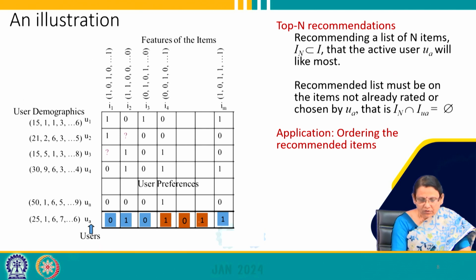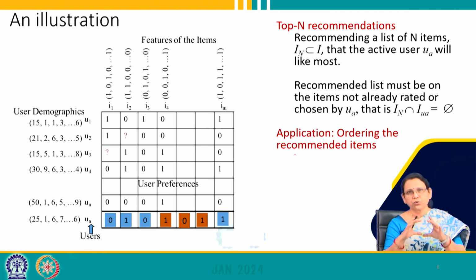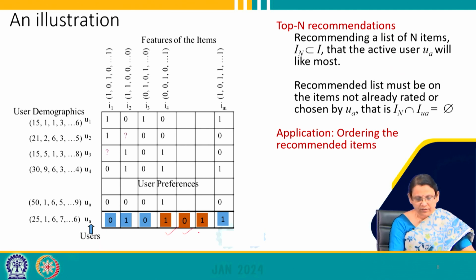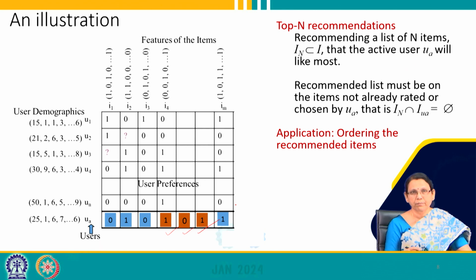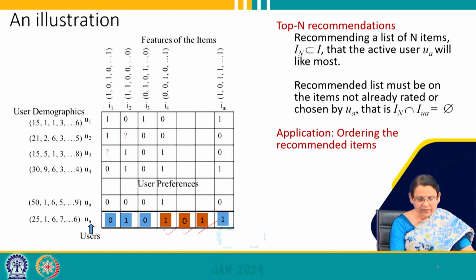Now, which items will be shown to the user? In a typical recommendation setting, on a screen you are supposed to list these items. For example, if you are watching, let us say, a Netflix movie, the movies are to be sorted based on the kind of prediction that has happened. Of course, here we have 1, 0 and 1, which means these items are supposed to be liked by the user. So, you will be recommending these two.